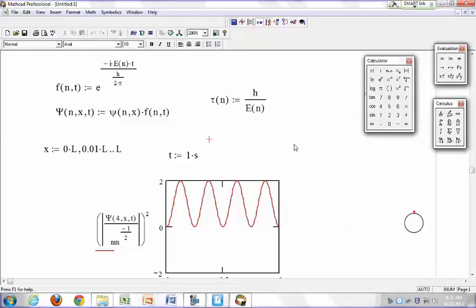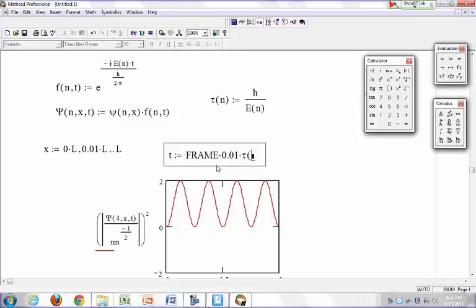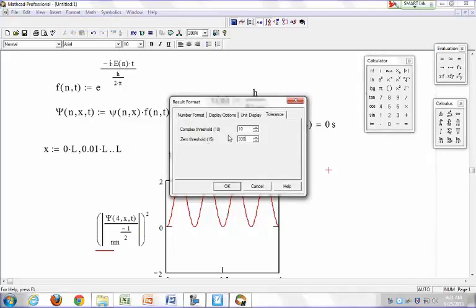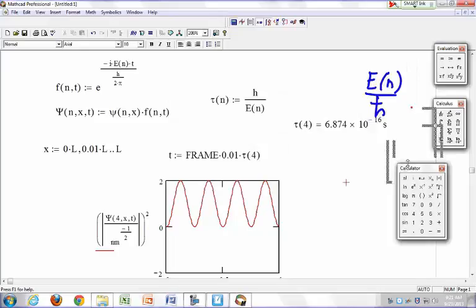So I'm going to let this cycle through. So I'm going to define my time instead using a frame variable. Frame times 0.01 times tau of n. Okay, since I'm going to plot psi 4, I'm going to say tau of 4. Okay, tau 4, the period for n equals 4, is, that's not 0 seconds, let's set our 0 tolerance to a smaller number, so that's going to be 10 to the negative 16 seconds, okay?